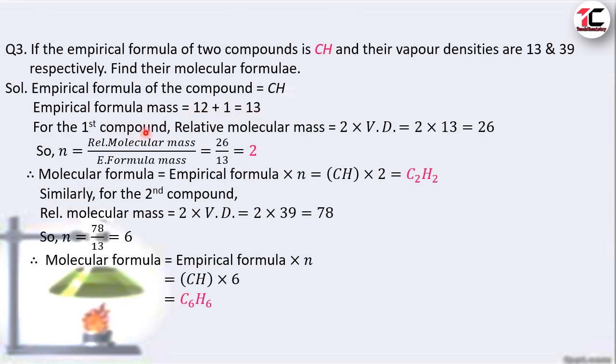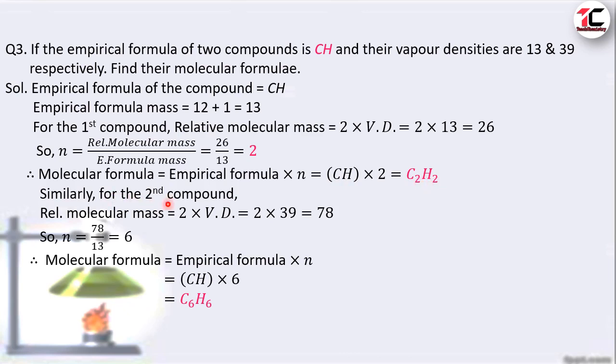Relative molecular mass is equal to 2 into vapor density. Vapor density is 13, so it becomes 26. Now N will be 26 divided by 13, the empirical formula mass. We get 2. Molecular formula, it is empirical formula into factor N. Empirical formula is CH and N is 2, so the formula is C2H2.